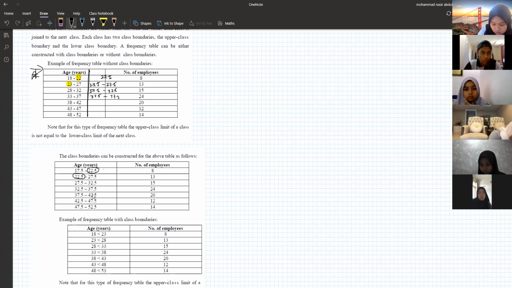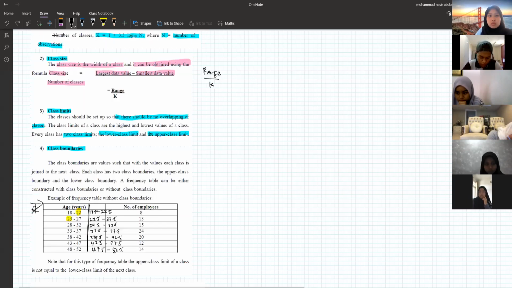This is 37.5, 37.5 to 42.5, and so on. So by looking at the trend, we see that this one is going to be 17.5. Right? This is how we calculate class boundary for a frequency table which doesn't have a class boundary, right? Hope you understand that one.